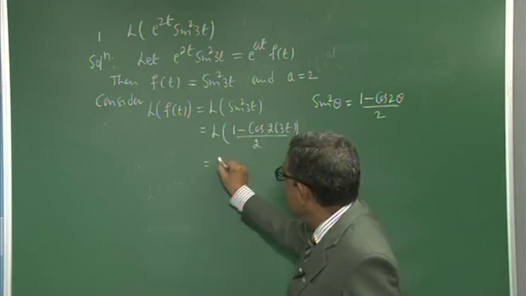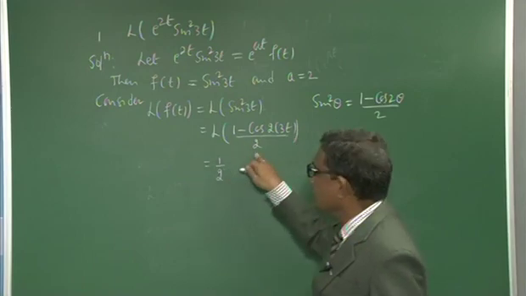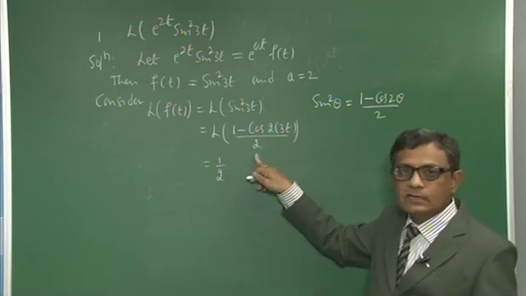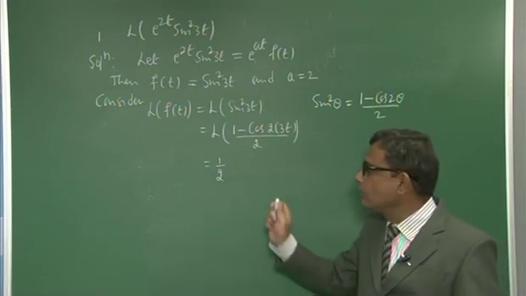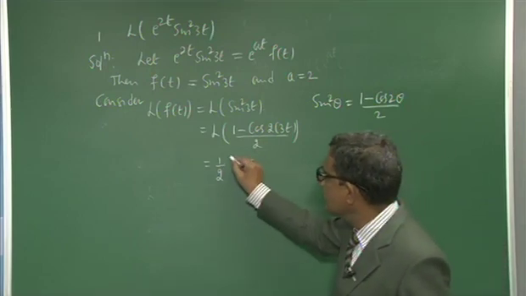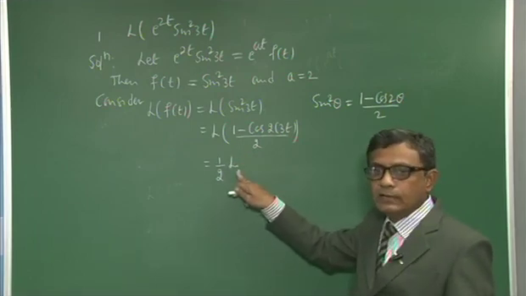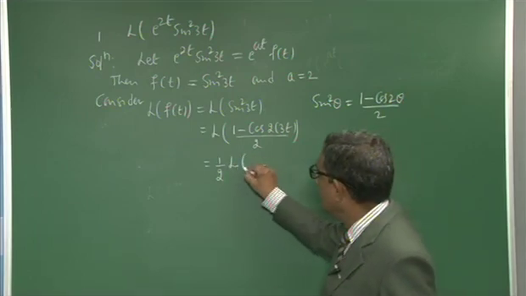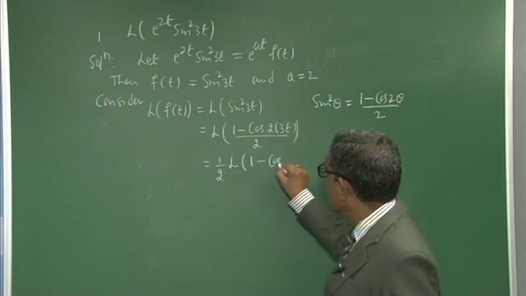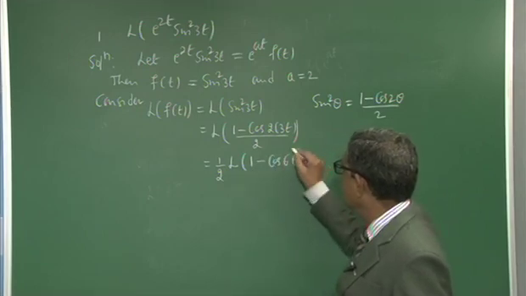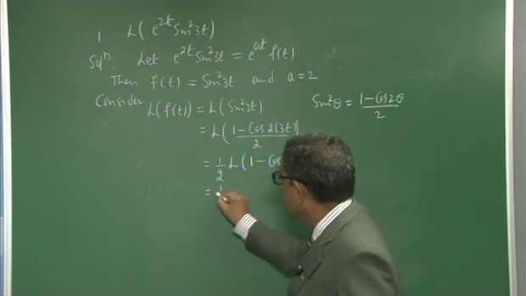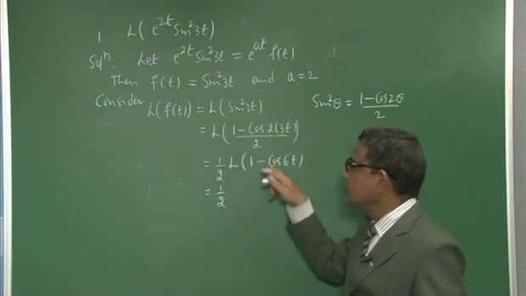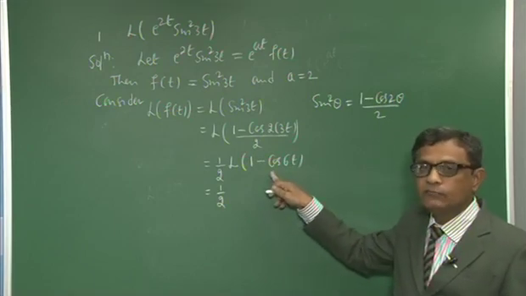Now 1 by 2 is a constant, the denominator 2 is a constant. By using the linearity property, the first fundamental property, you can take the constant outside the operator, that is, 1 by 2 L of 1 minus cos 6t. Now the given function reduces to the standard form.